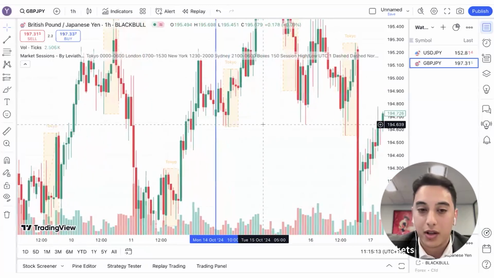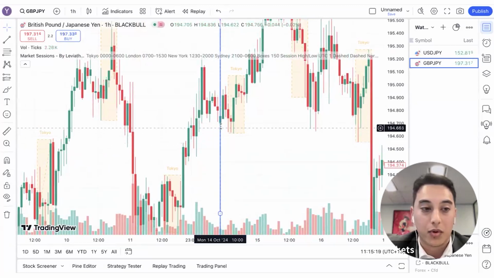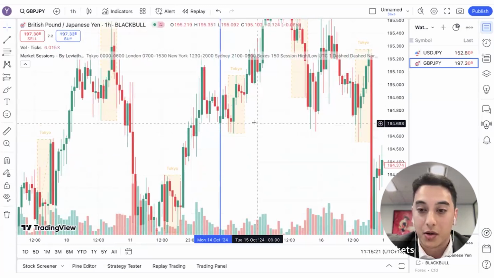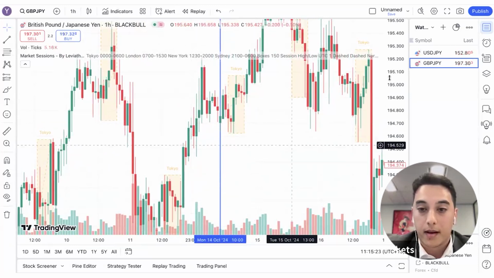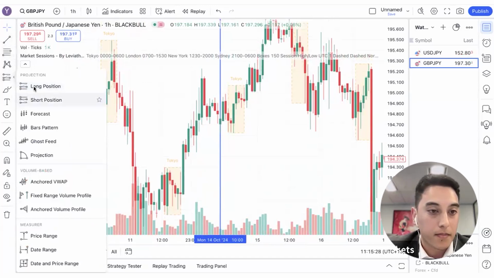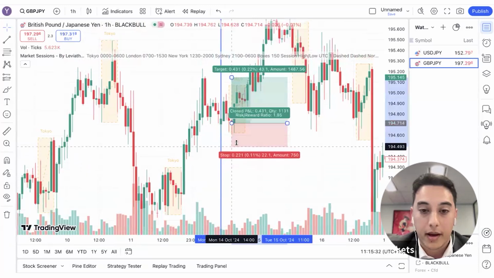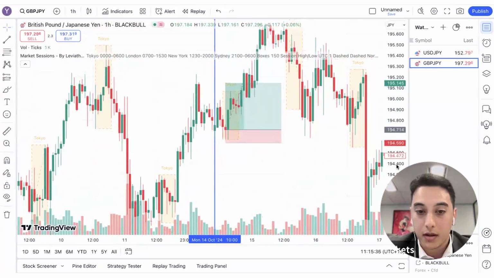So just by looking at the 1-hour chart, what do you see here, right? The first two 1-hour candles, you can see a lot of buyers are buying up this area here. And what you could look for is a long position from here. Stop loss a bit lower than the wicks.